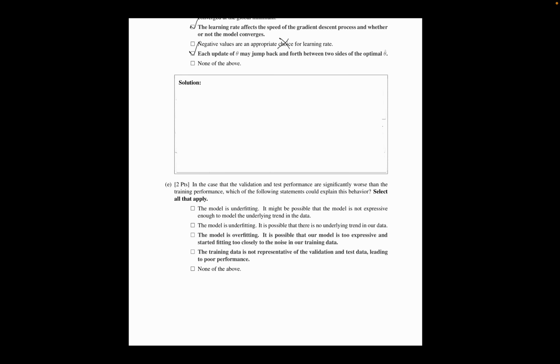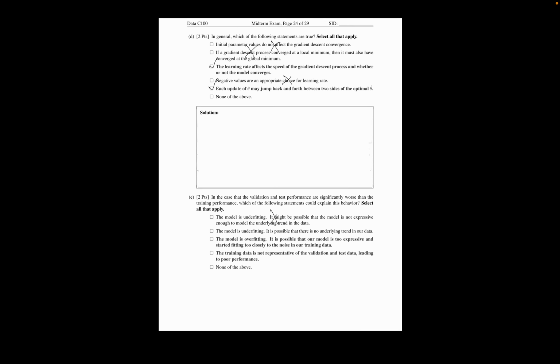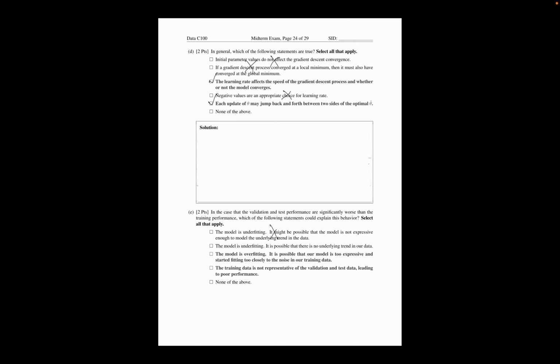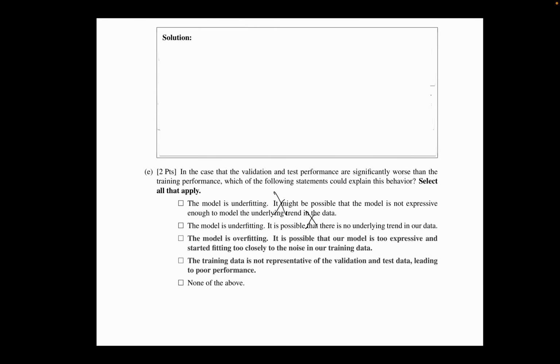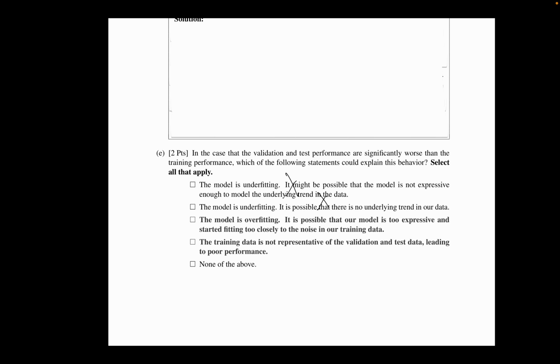Now for part E, in the case that the validation and test performance are significantly worse than the training performance, which of the following statements can explain this behavior? So option 1 is not correct because the model is expressive enough as evidenced by the high training performance. And option 2 is incorrect because there appears to be some kind of pattern, otherwise the training performance would not be that high.